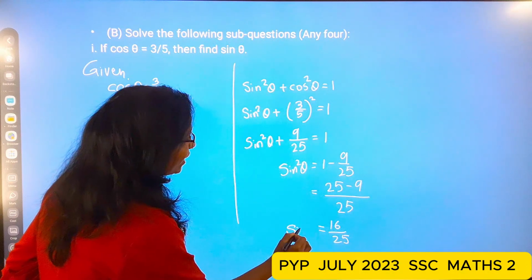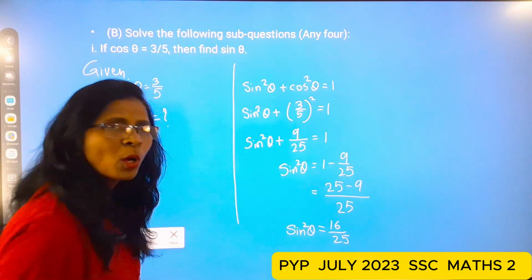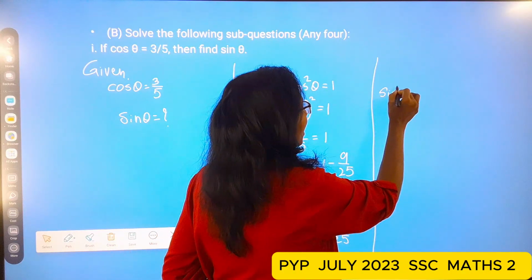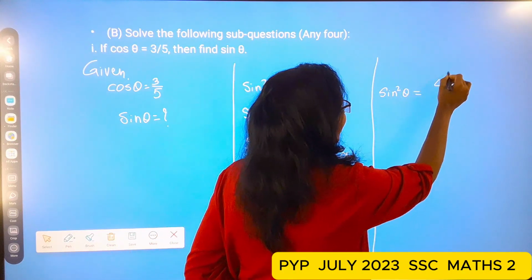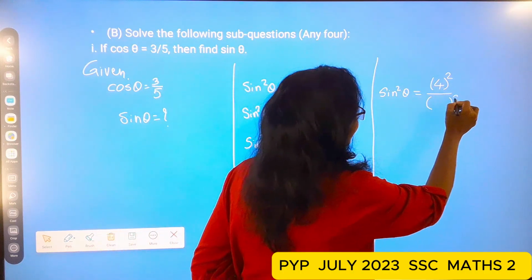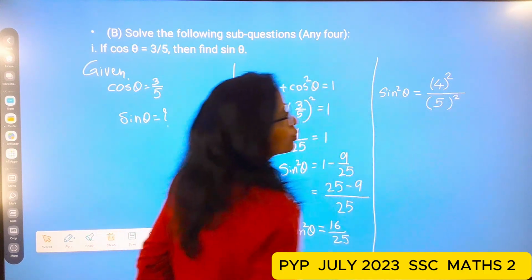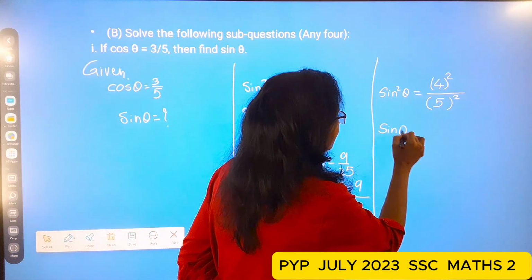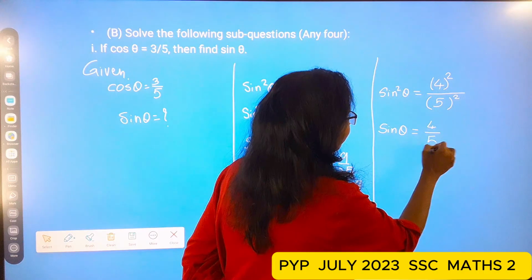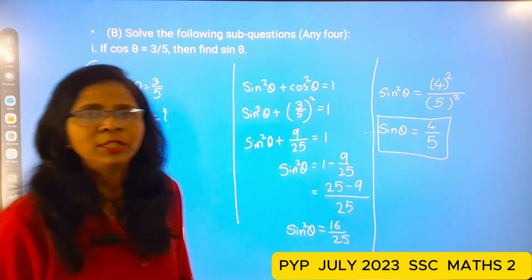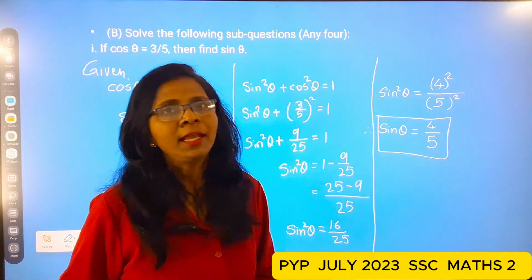So sin square theta is equal to 16 upon 25, and the next step, sin square theta is equal to square of 4 divided by square of 5. Now taking square root on both sides, we have sin theta is equal to 4 upon 5. This is our final answer.